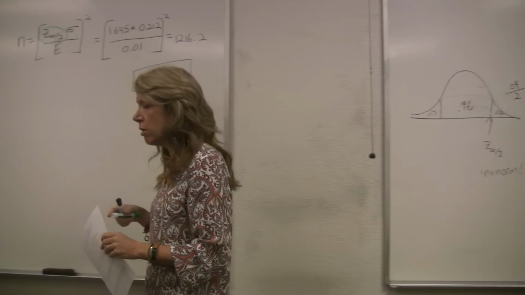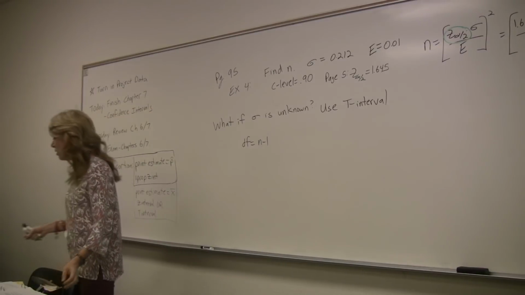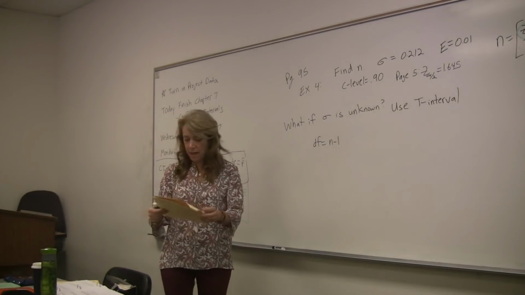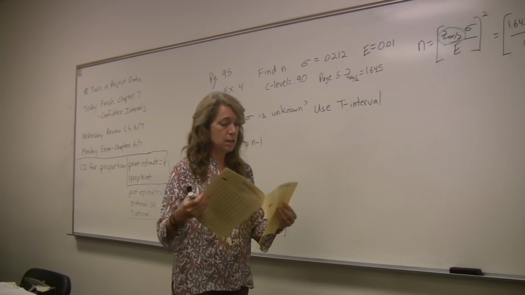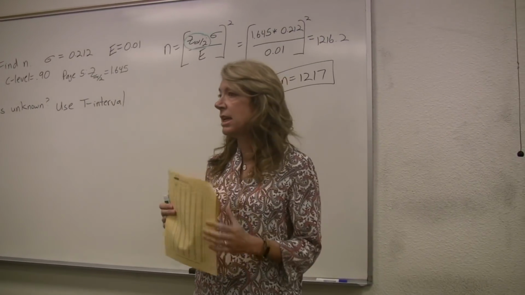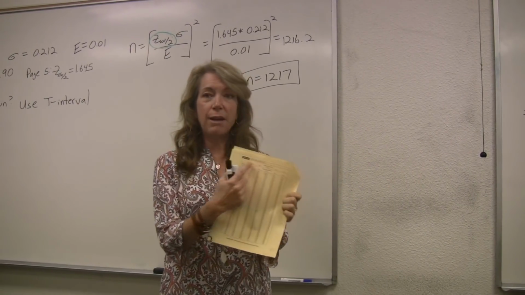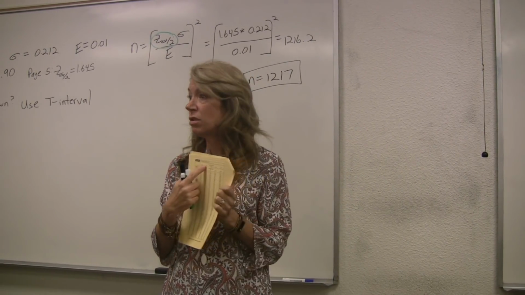And we're not going to look on the normal table because it's not normal. It's a different distribution. We look at a new page. Look on page 6. At the very top it says T distribution critical values.